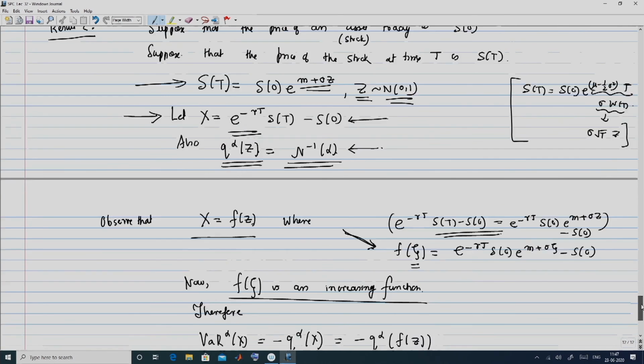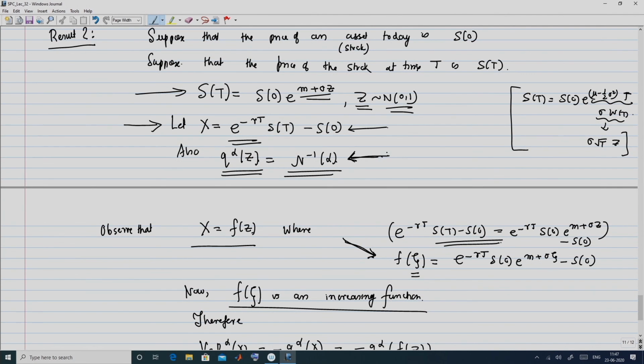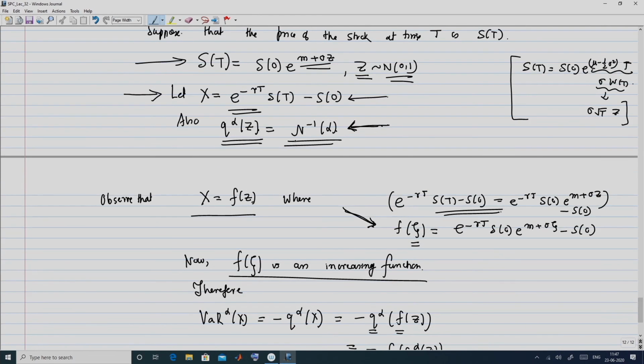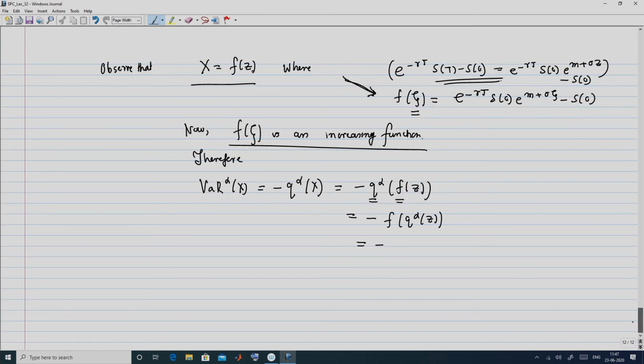What is q alpha of Z? q alpha of Z is N inverse of alpha. So, just a correction: this is minus f of N inverse of alpha, and now we have to evaluate the function for zeta equal to N inverse of alpha. So, this becomes minus of e raised to minus RT S0 e raised to m plus sigma N inverse of alpha minus S0.